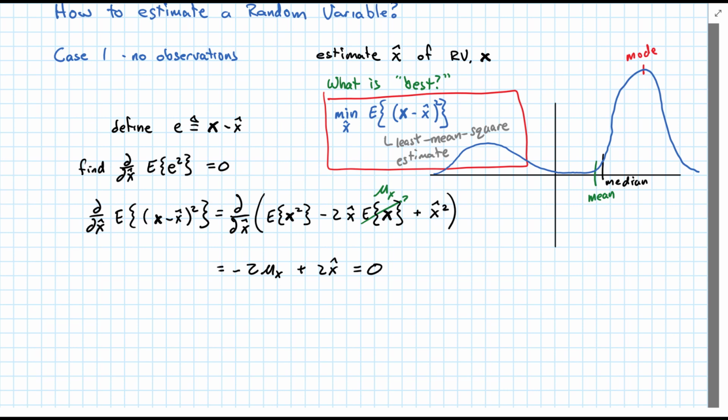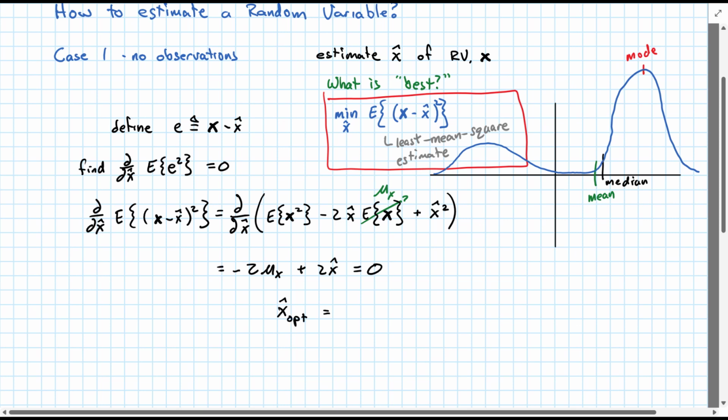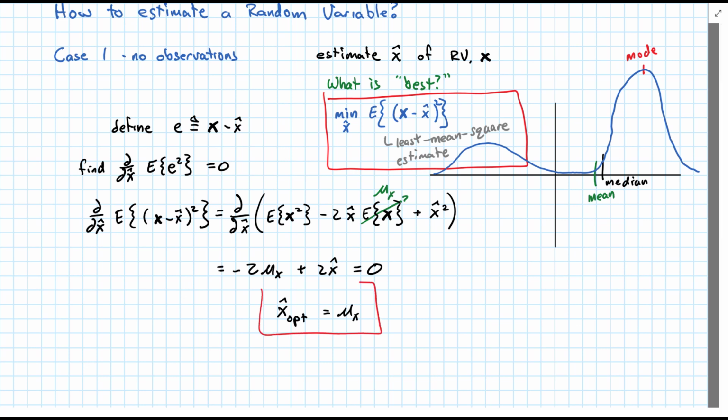And we set that equal to 0, and that tells us that x hat optimal is going to be just mu x. If we had something like a Gaussian, maybe that's obvious. With this strange bimodal distribution that I drew up above, it may or may not be obvious, but the fact is the mean is our winner.